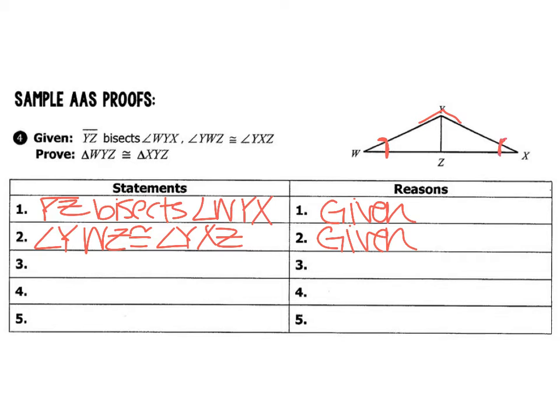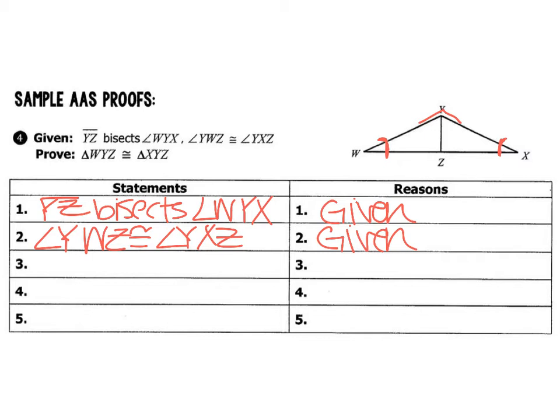We marked it on our diagram. Now, our goal is to prove these triangles congruent, and we want to use AAS in this proof. So using our given information, what can we conclude? Nothing really we can conclude from statement number 2, that the two angles are congruent. Awesome, we've got one angle.